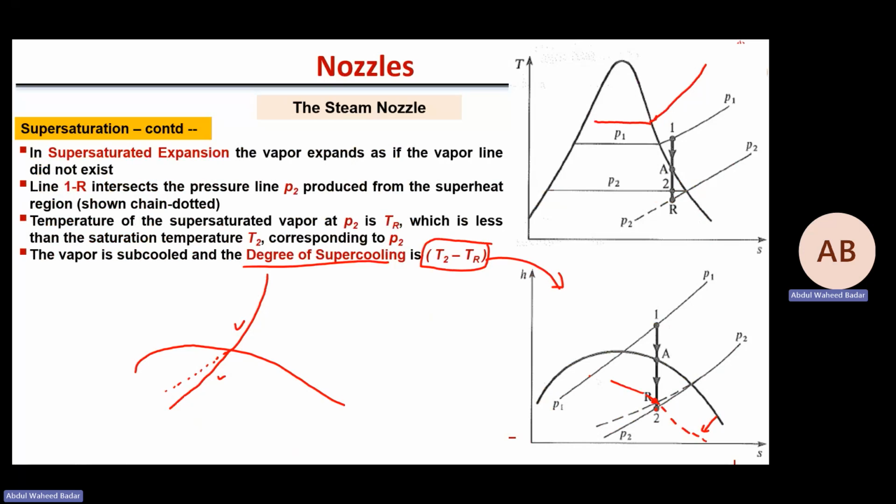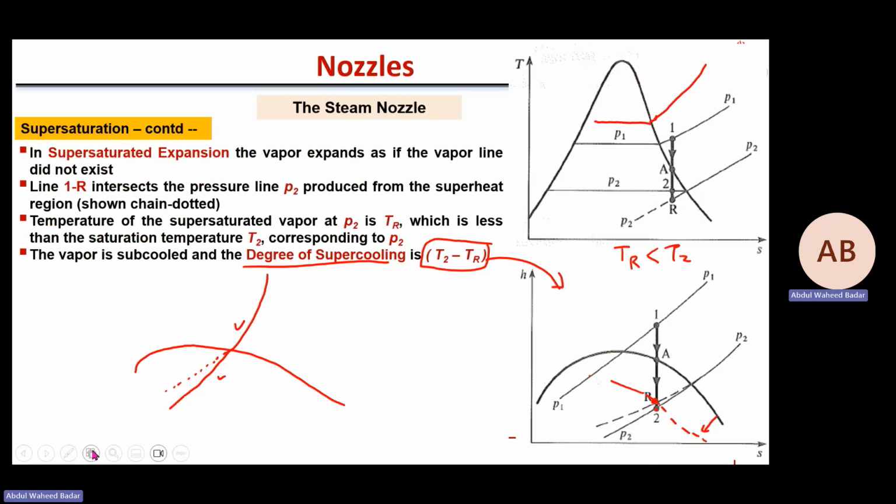Now the question is, here we said TR is less than T2. Can we say the same here? It should be the same.